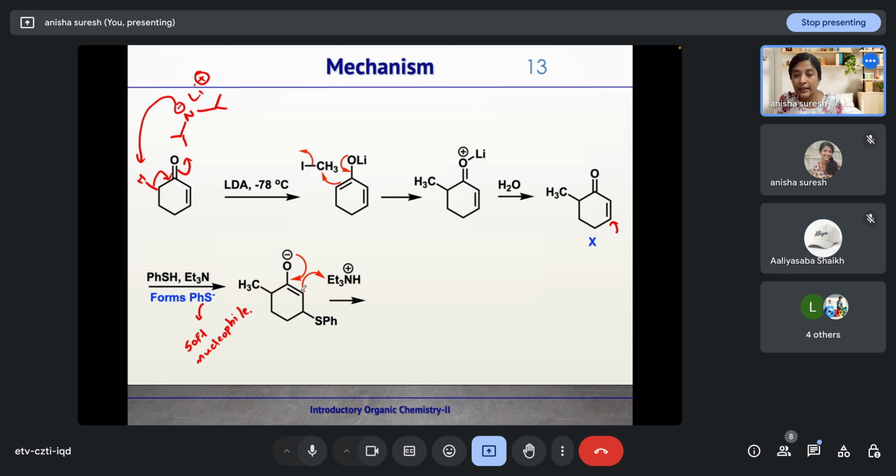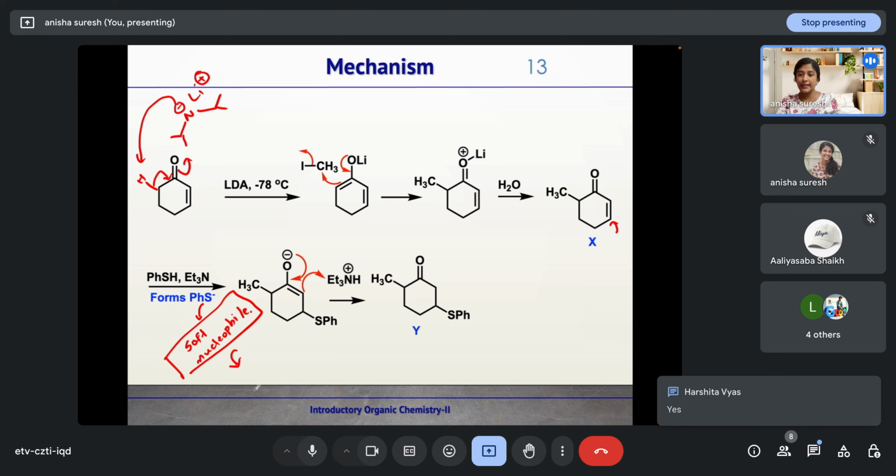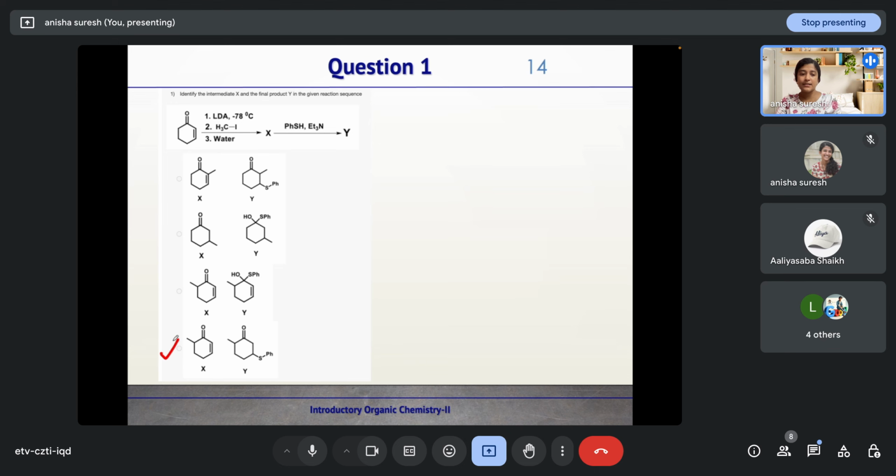And this will undergo protonation, leading to formation of this final product Y. Is the mechanism clear? Here what we should remember is that thiophenol is a soft nucleophile, that is why 1,4-addition reaction is taking place. A soft nucleophile will undergo conjugate addition. So the right answer is option D.